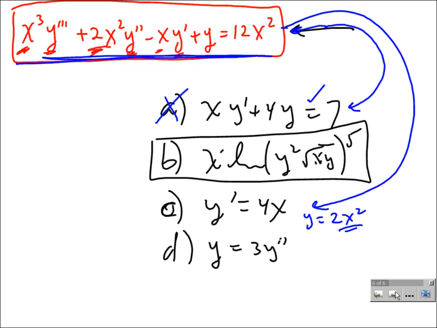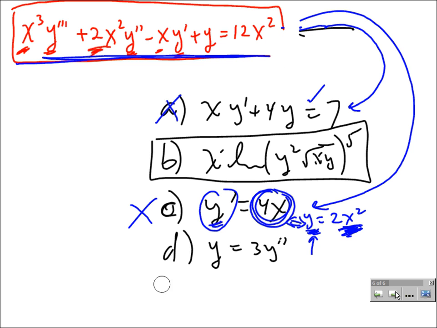The derivative of 2x squared is 4x, the derivative of y is y prime. But even though these two statements are equivalent, that's not right. You shouldn't have derivatives in your answer.